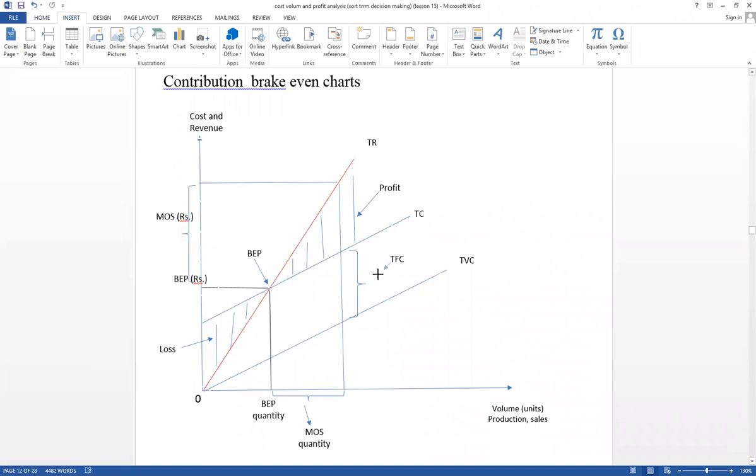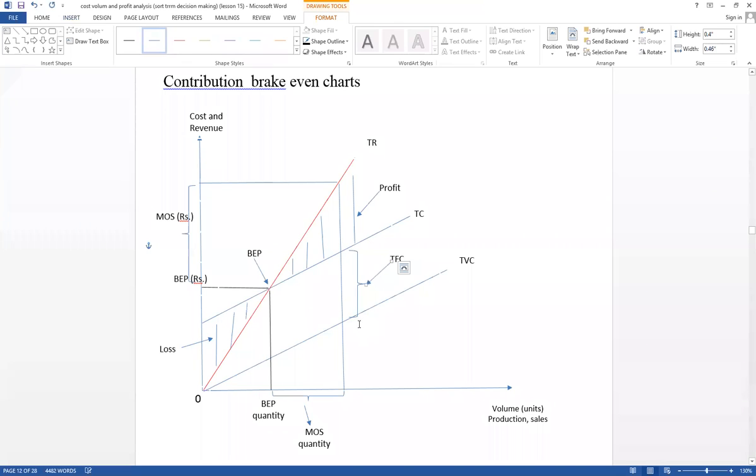Therefore, this is the total fixed cost. Think about total variable cost plus total fixed cost equal total cost. Therefore, total cost minus total variable cost equal total fixed cost. Difference between total cost line and total variable cost.